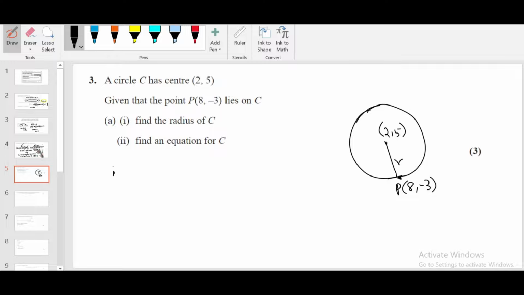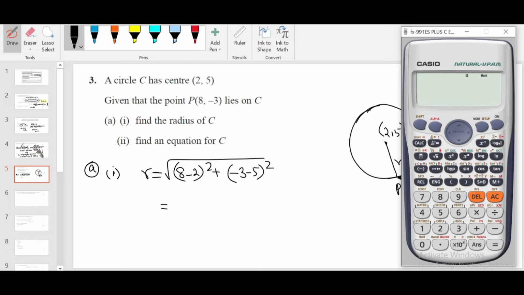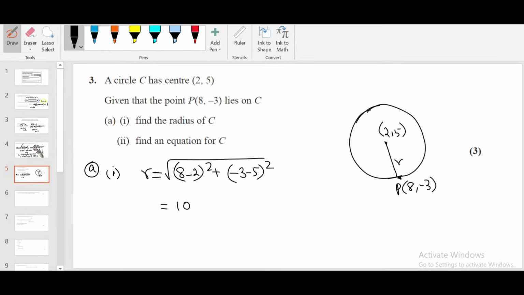Use the distance formula. R is equal to square root of x2 minus x1 whole square plus y2 minus y1 whole square, which is square root of 6 square plus 8 square, 10. 10 is a radius.